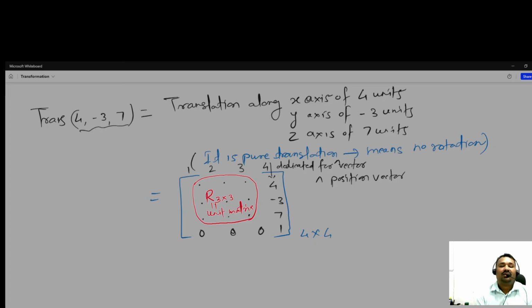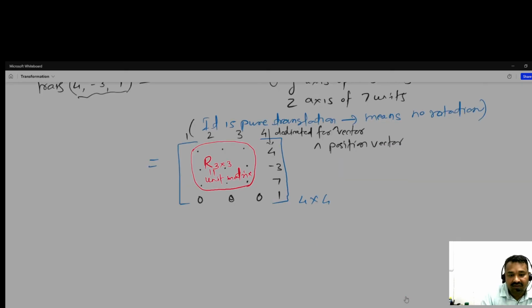So what is the meaning of this? Here we have to write a unit matrix. So that can be written as 1 0 0 4, then 0 1 0 minus 3, 0 0 1 7, and 0 0 0 1. So this part is done.